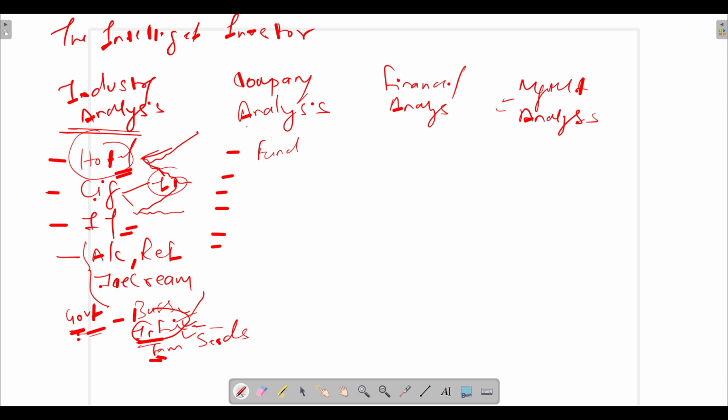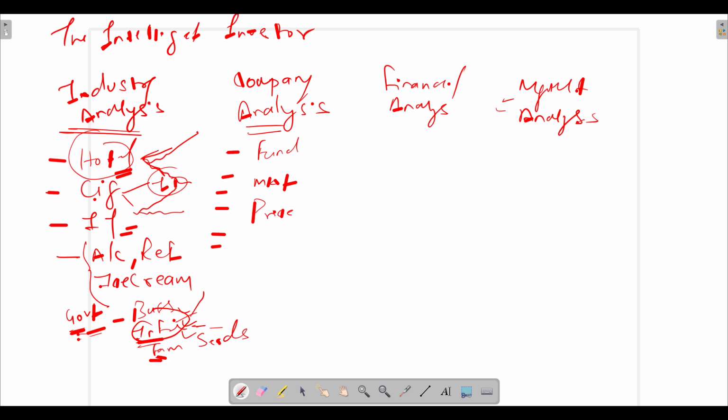So under company analysis, we used to check the positioning of that specific company as compared to the other competitors, what their market share in that industry is, and whether they are a price leader or not. Price leader means, you can take the example of Apple.